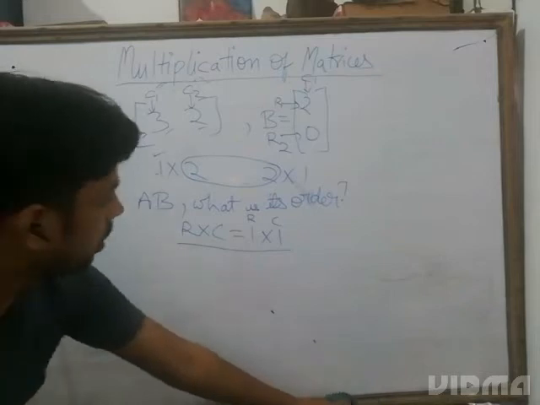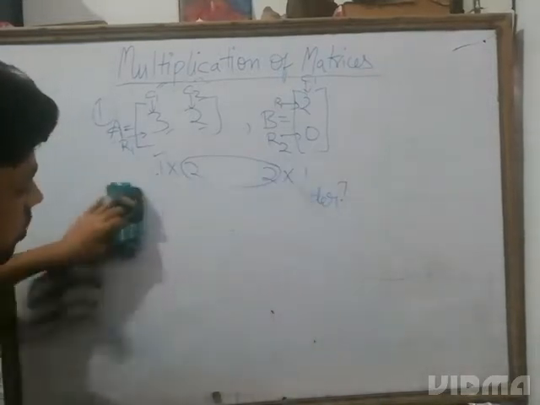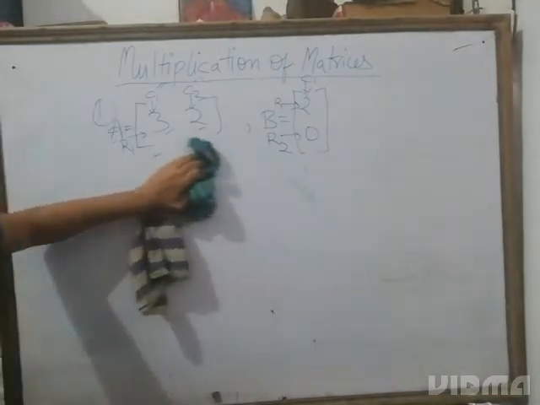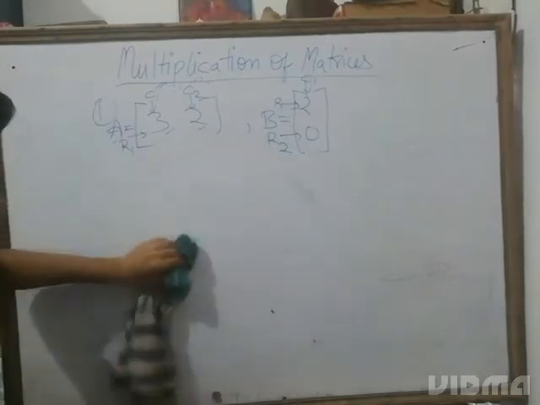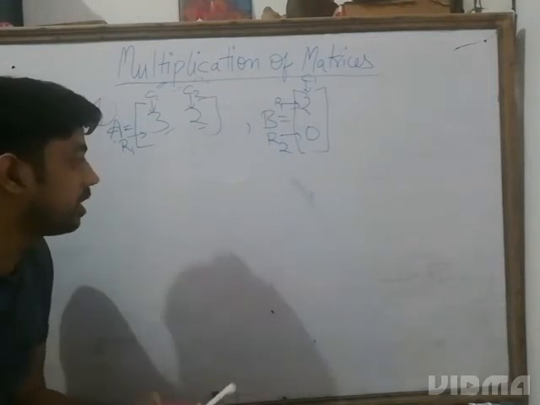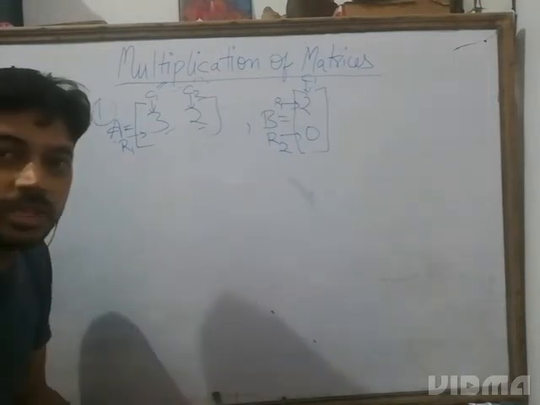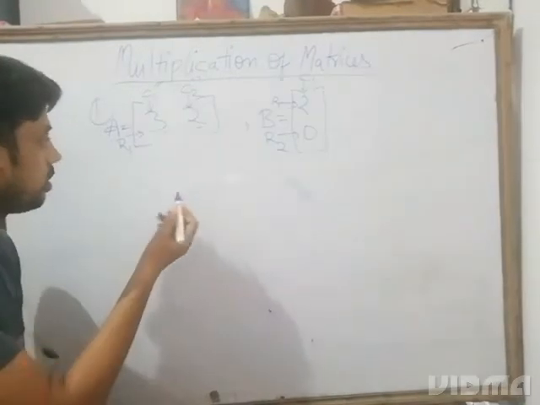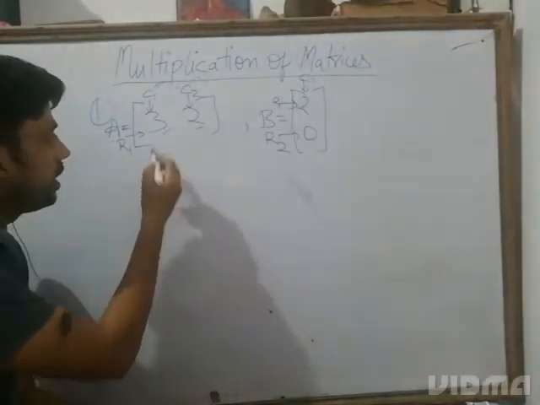If we have to multiply, we have to understand order very well, because if we know the order of the resulting matrix, we can easily see what the elements of the newly formed matrix will be. So we will multiply this.